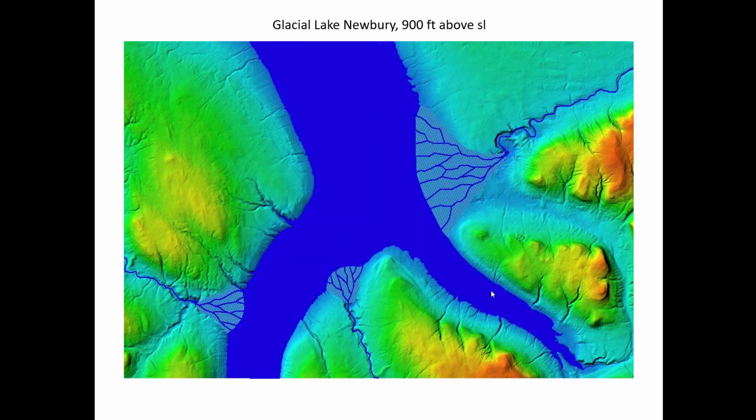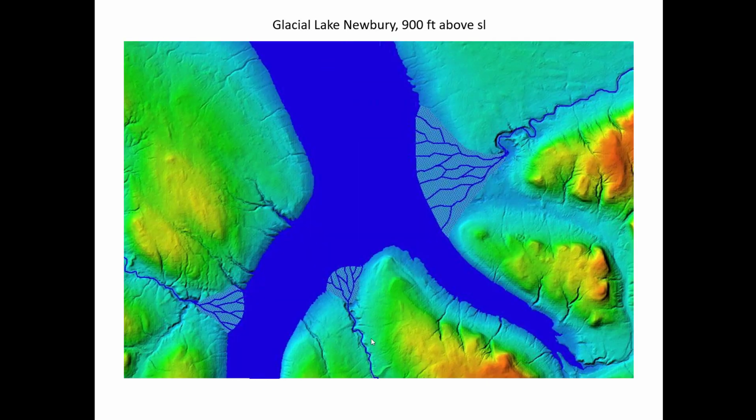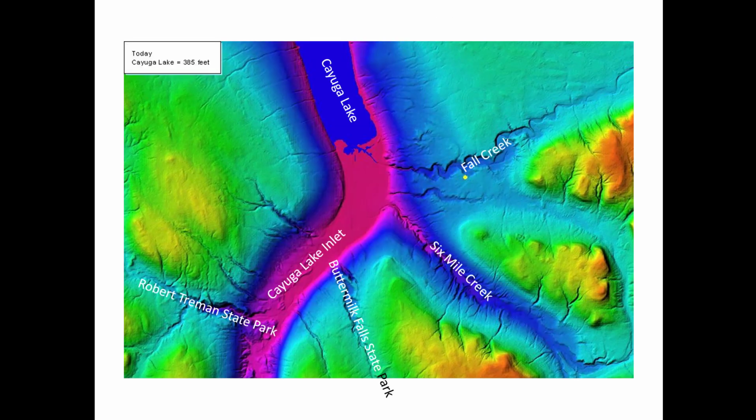You can see here was the lake, part of the inlet to the lake, and that becomes 6 Mile Creek. Here is where we have Buttermilk Falls today, and you can see that Buttermilk Falls used to be a stream that flowed into this glacial lake, and here where we have another stream flowing into that glacial lake, when we go to today, that becomes Robert Treman State Park.